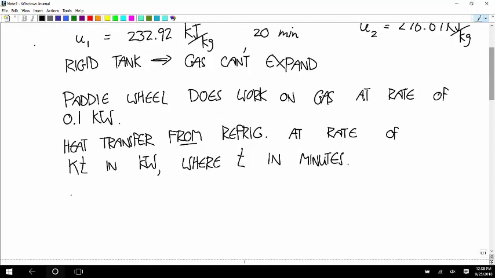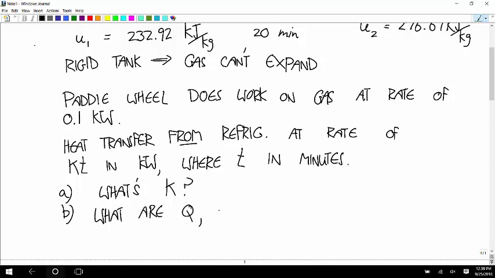And we want to calculate two things. We want to calculate that constant K, and then we want to calculate the heat and the W over this process.